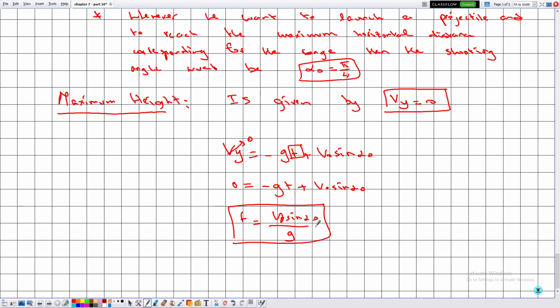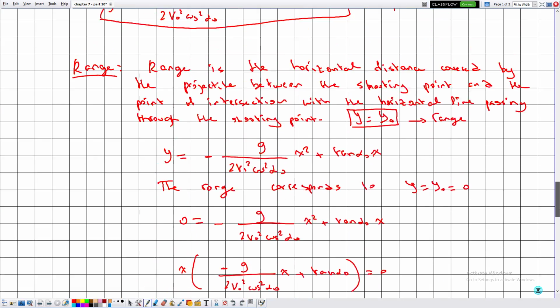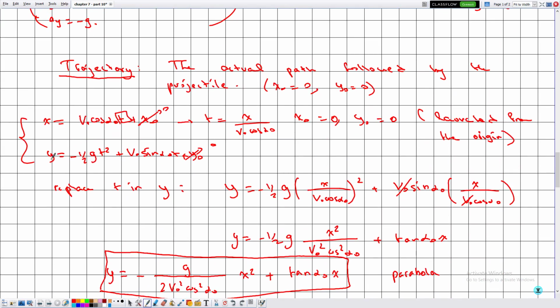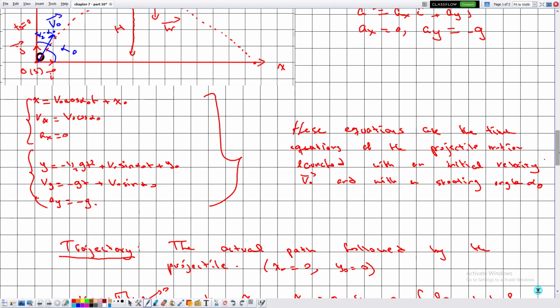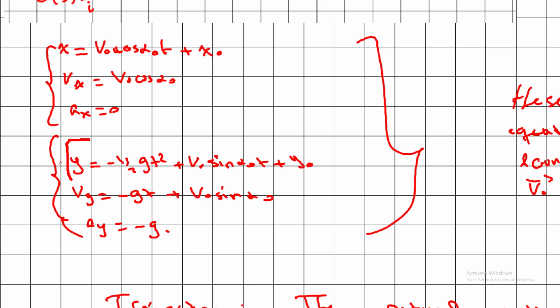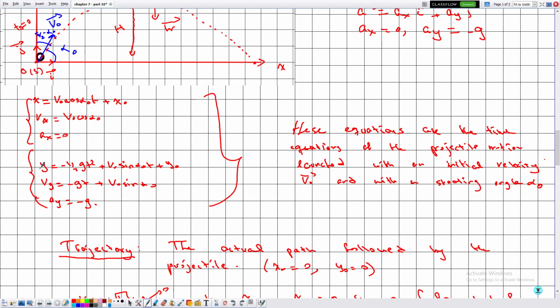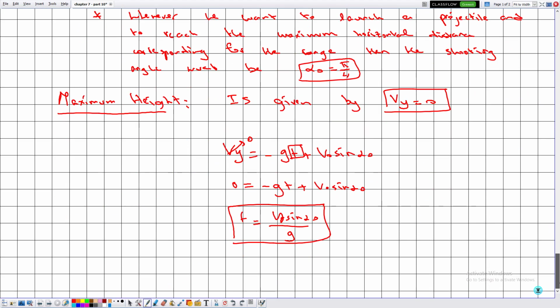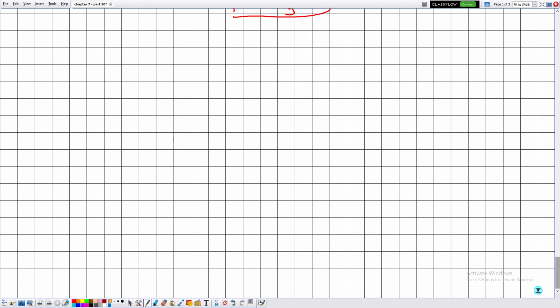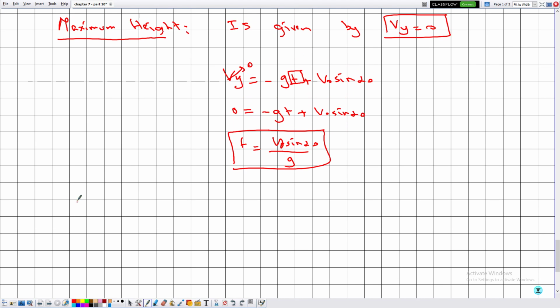But now if you are interested in determining this height, which corresponds to capital H, we know that y is given by this expression. So y, which is equal to minus half gt square plus v0 sine alpha 0 t plus y0, replace in y.